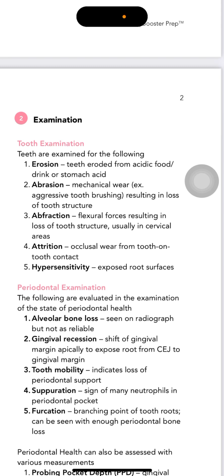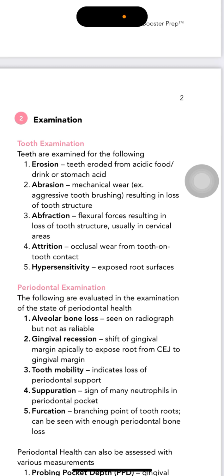Abrasion, mechanical wear from aggressive tooth brushing, resulting in loss of tooth structure. Abfraction, flexural forces resulting in loss of tooth structure, usually in cervical areas. Attrition, occlusal wear from tooth-on-tooth contact.